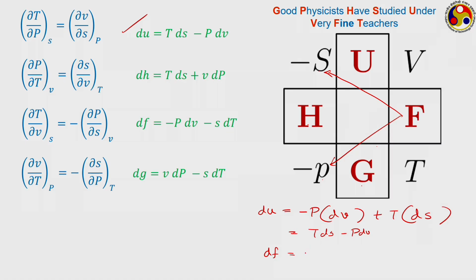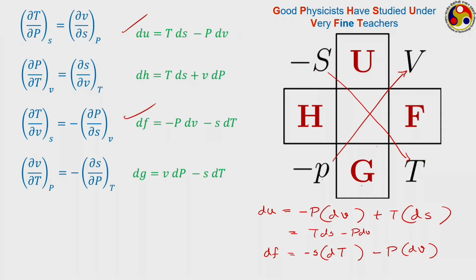So one of the coefficients will be minus S into d of something, and minus P into d of something. To identify what goes inside, for S you have to go to the opposite corner, that will be dT. For P you have to go to the opposite corner, that will be dV. Look, this is the expression: dF is equal to minus P dV minus S dT.